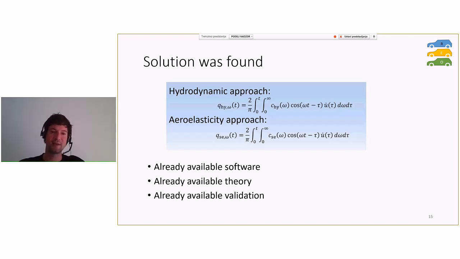With this approach, it is now available for different software. The hydrodynamic approach is quite popular, and a lot of commercial packages already have this functionality. So we can also use those software packages to simulate the flutter derivatives. That's a handy thing, because this is our way into different software.